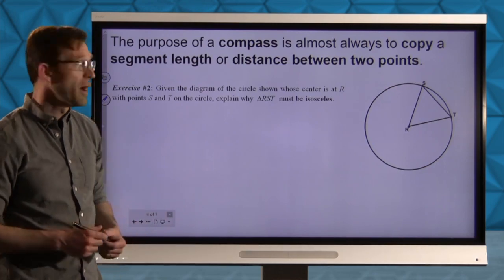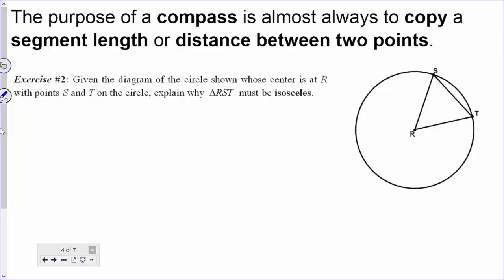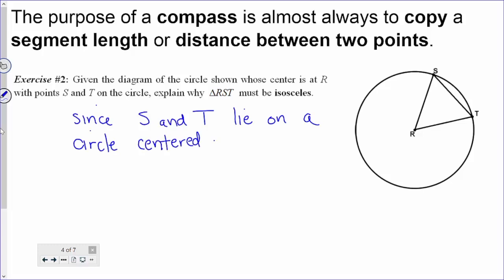All right, well, let's talk about it. Hopefully, you said, since S and T lie on a circle centered at R, RS is congruent to RT. That's the whole point. The whole point of a circle is that every single point that lies on the circle is exactly the same distance from R as every other point.